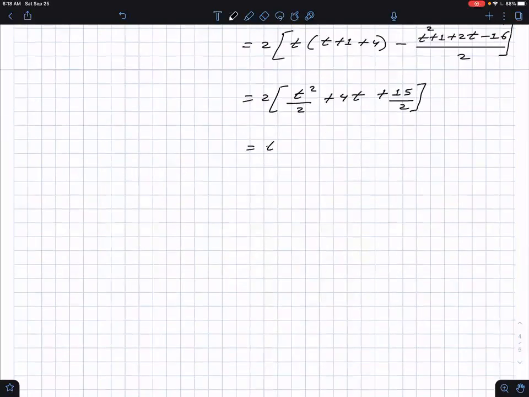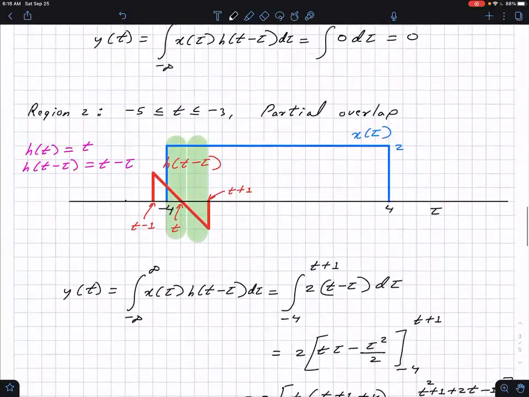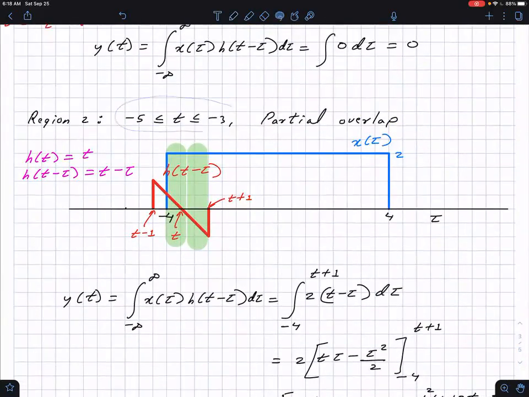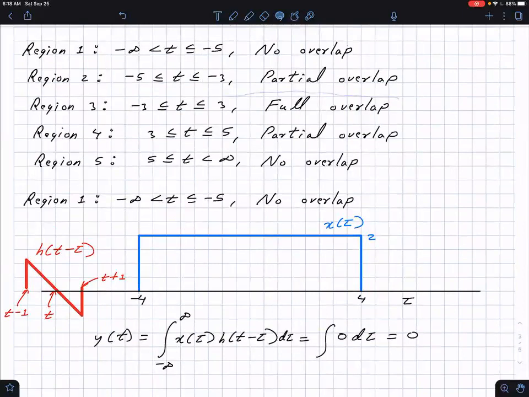Let's write it as t squared plus 8t plus 15. So this is the expression for the convolution integral, and this expression is valid only when t is between -5 and -3. Now we have to find the expression for t in this range, -3 to +3.